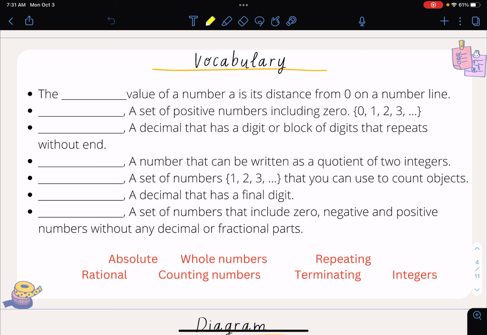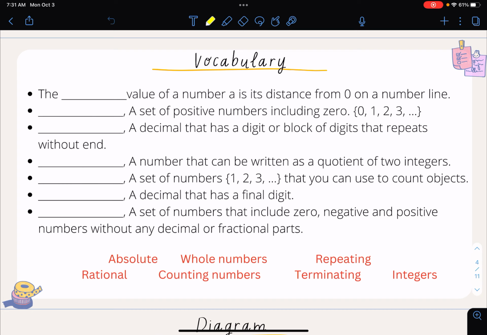Okay, so first things first, the first word says the blank value of a number is its distance from 0 on a number line. Okay, that A should not be there.